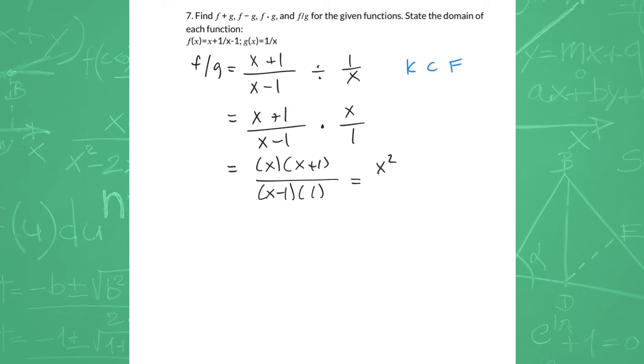And we'll distribute our x through x plus 1, and we get x squared plus x. And we'll leave our denominator factored, since there's not an x in that second term. So our denominator is going to be equal to x minus 1 after we distribute our 1.